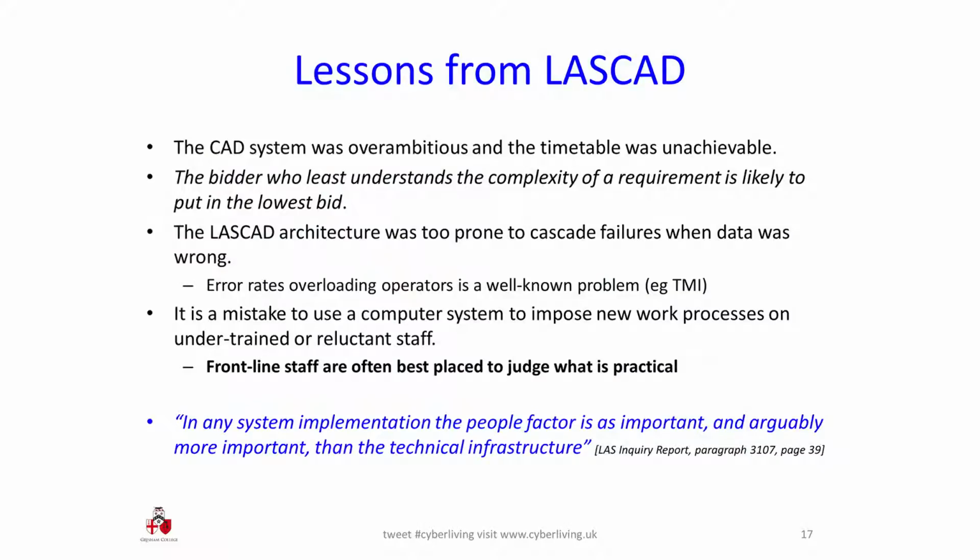Some easy lessons. It was clearly overambitious and the timescale was unachievable. There's a general point that if you've got a procurement process that says we're going to take the lowest priced compliant bid, you almost always choose the bidder who least understands the problem.